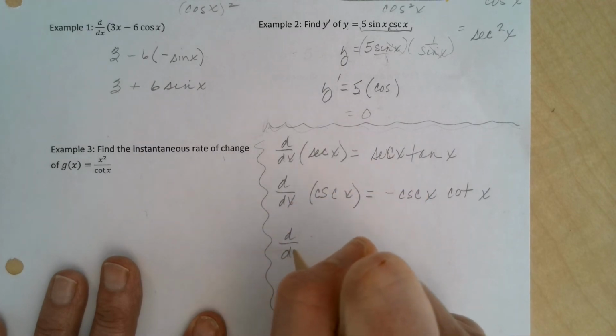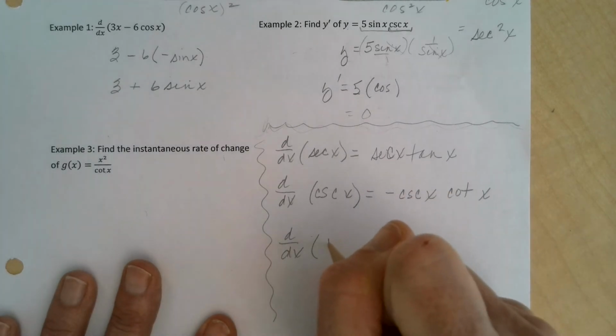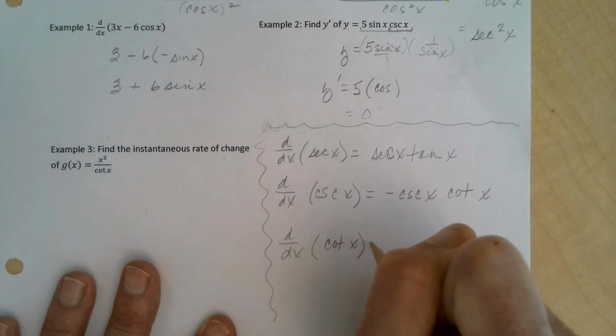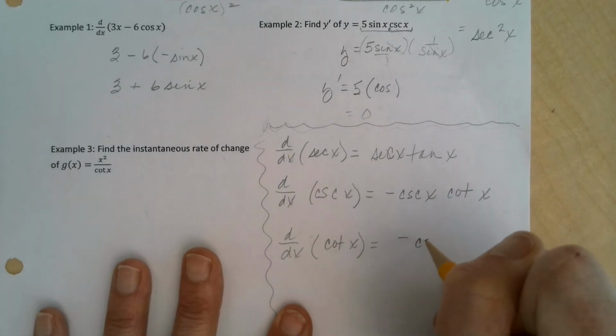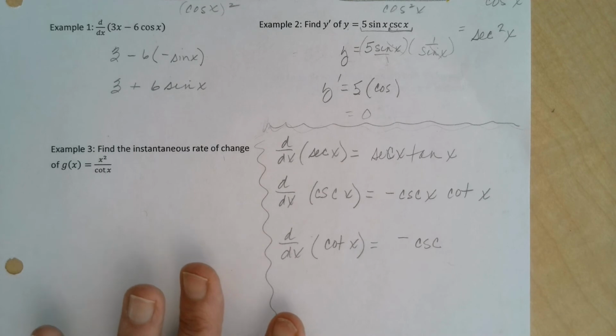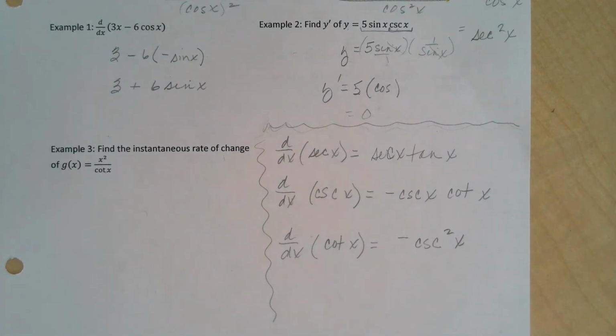The derivative of the cotangent of x is equal to the opposite of cosecant squared of x. Those are the three you're missing. So here we have up top sine, cosine, tangent, secant, cosecant, and cotangent.